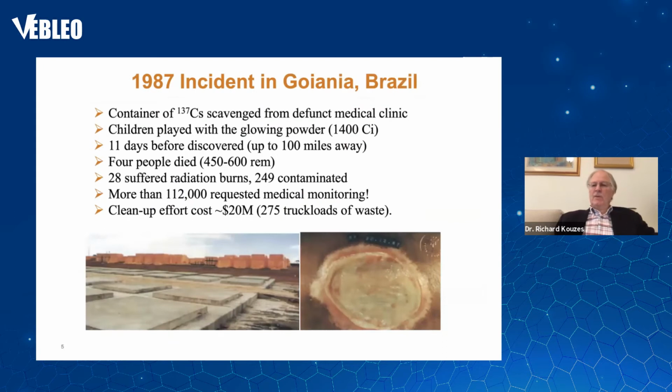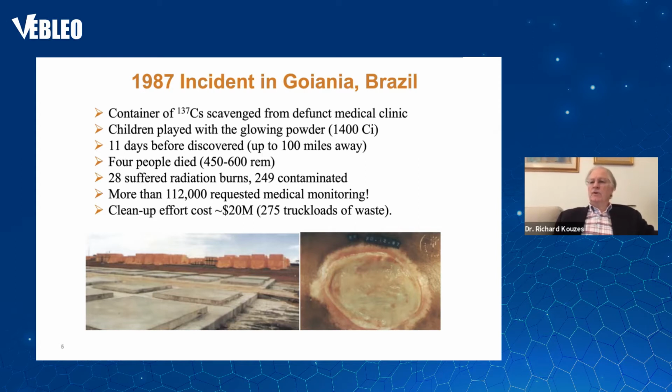So let me give you an example of what a radiation dispersal device might do if it were deployed. There have been a few minor incidents involving such devices, but this was actually not an RDD event, but rather an accident that occurred in 1987 in Goiania, Brazil. There was a large cesium source used in a medical facility.